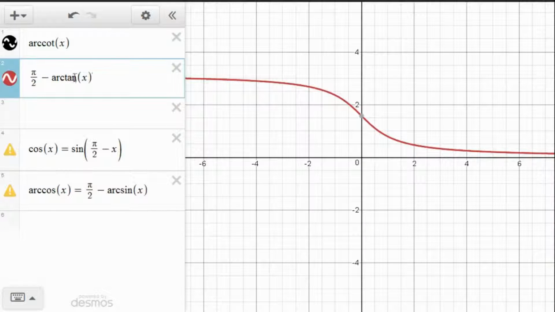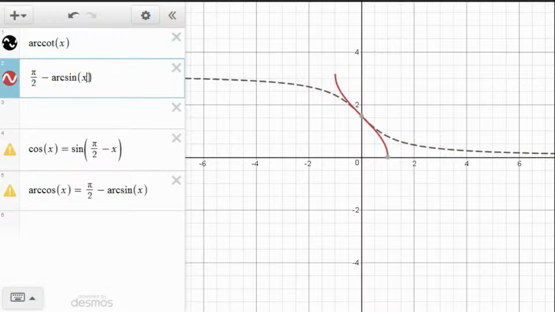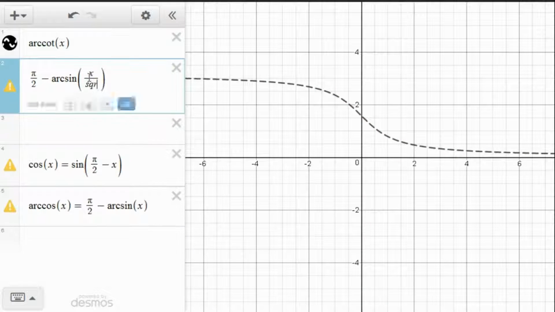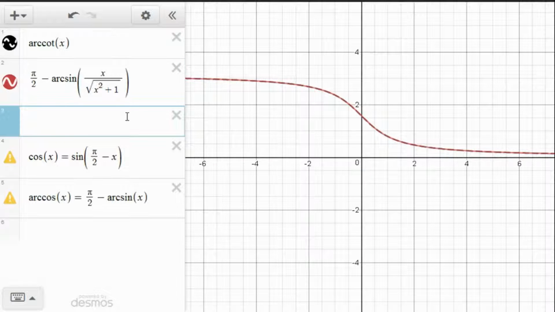And now we can just sub in the formula that we just derived for arctangent, which was arcsine of x divided by the square root of x squared plus 1. And again, we get the exact same curve. So we've written all of the trig functions and all of the inverse trig functions in terms of sine.